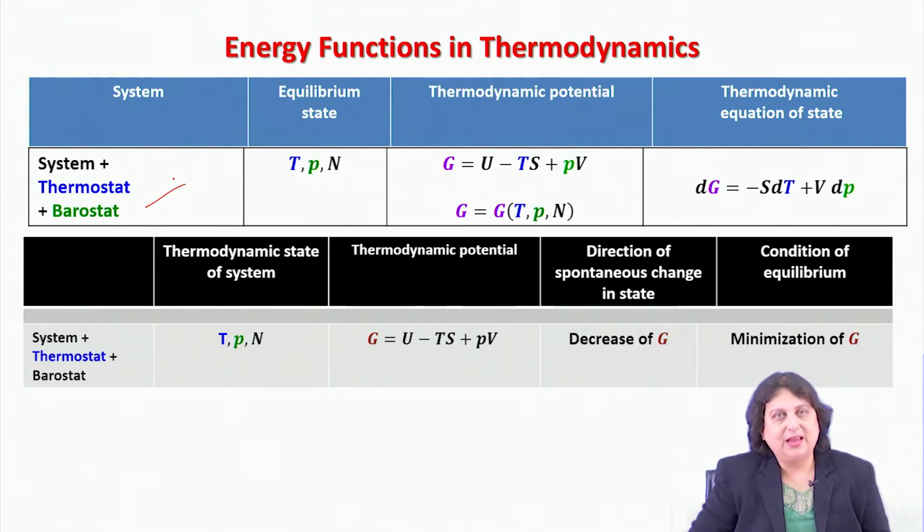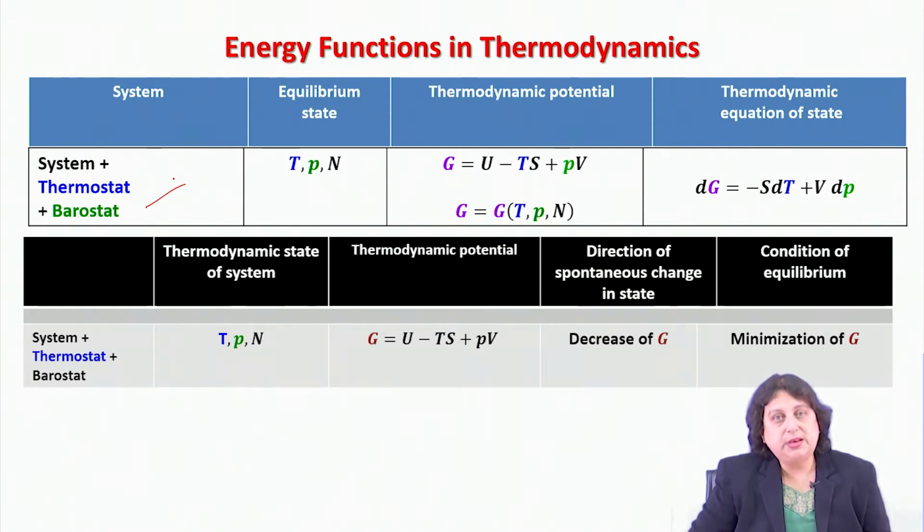The surrounding air would act as your thermostat, maintaining the temperature at room temperature. And what would be your barostat? Obviously, you have the atmospheric pressure acting on your reacting system. So that would act as your barostat.